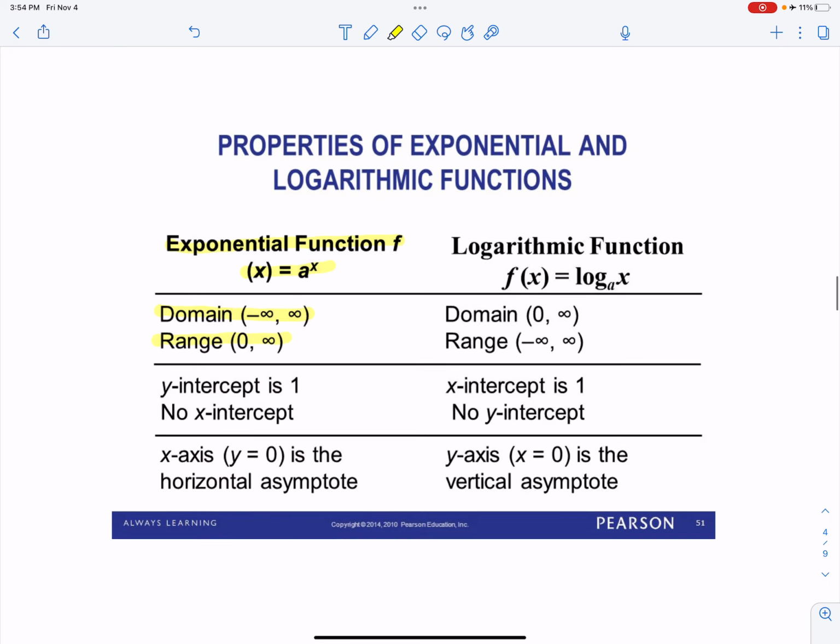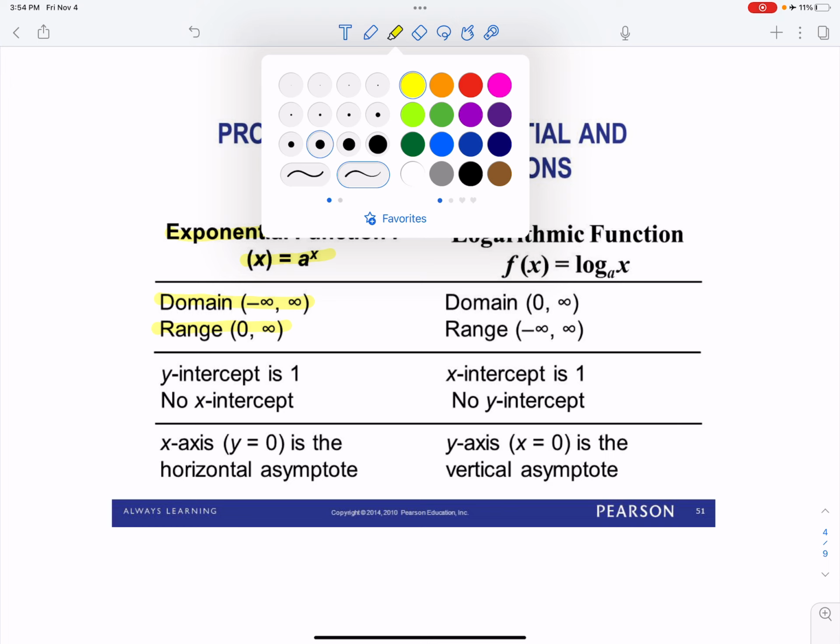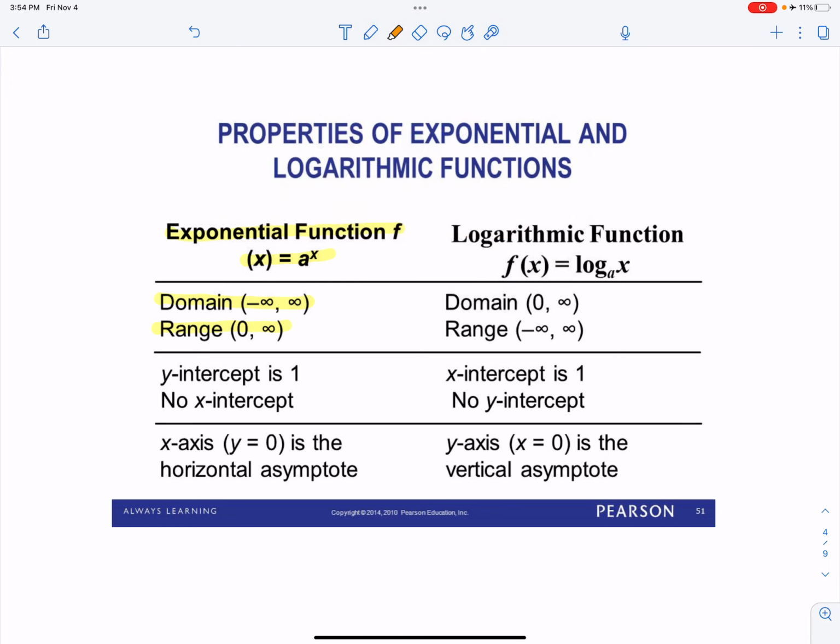Once we use our inverse and it becomes log base a of x, now our domain is from 0 to infinity, and our range is from negative infinity to positive infinity. So the domain of the exponential function becomes the range of our logarithmic function, and the range of our exponential function becomes the domain of the logarithmic function.